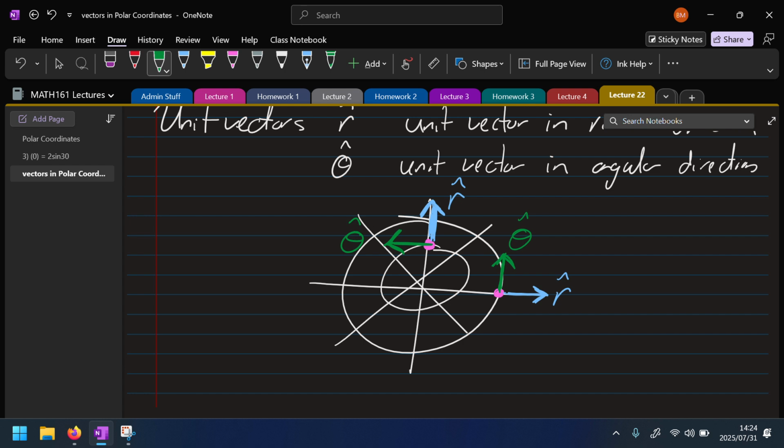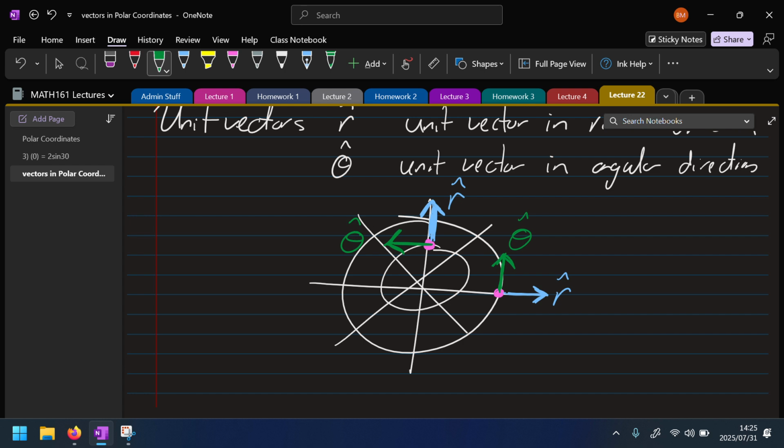So unlike in Cartesian coordinates where i hat and j hat point in the same direction everywhere, in polar coordinates, the direction depends on where you are. We need to keep that in mind. Because again, for physics problems, when the particle is moving around, at some time the particle's over here, it's going to have some r hat, theta hat.